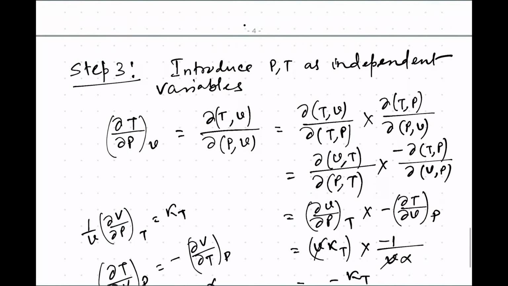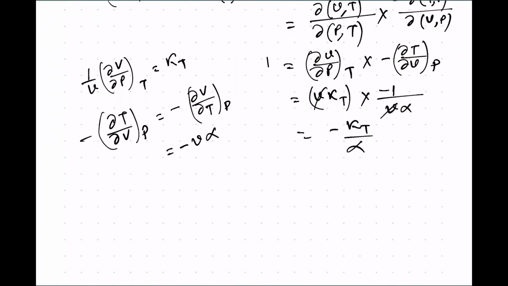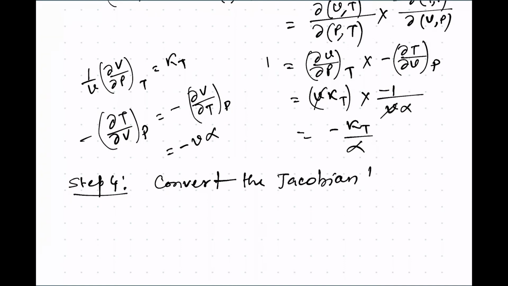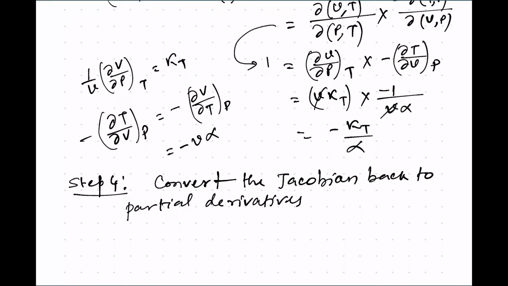So, now step 4. Once you write that, of course, step 4 is obvious: convert the Jacobian back to partial derivatives, which we have done, as you can see here, from this step to this step we have done that.